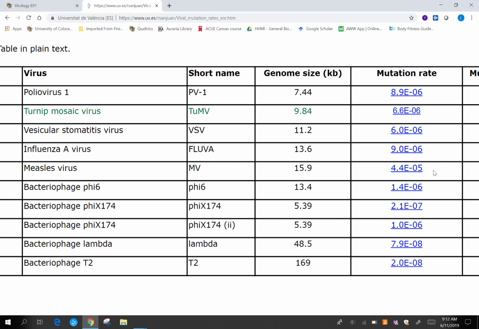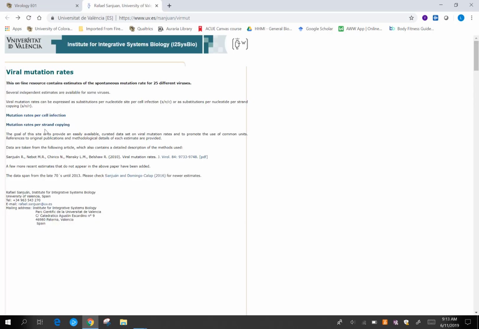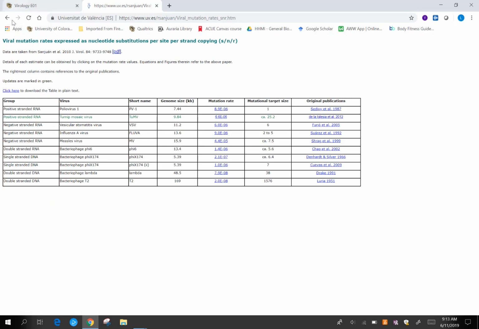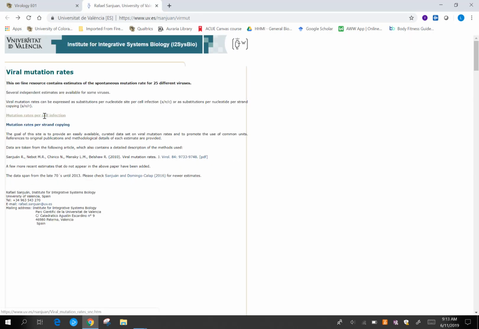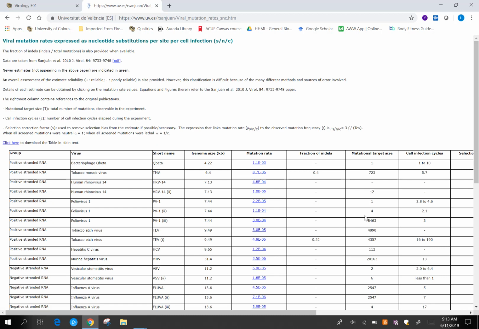Measles has a lower mutation rate. So influenza, we'll talk about, we have to have a vaccine every year for it, because it changes so rapidly. That's because it's an RNA virus.